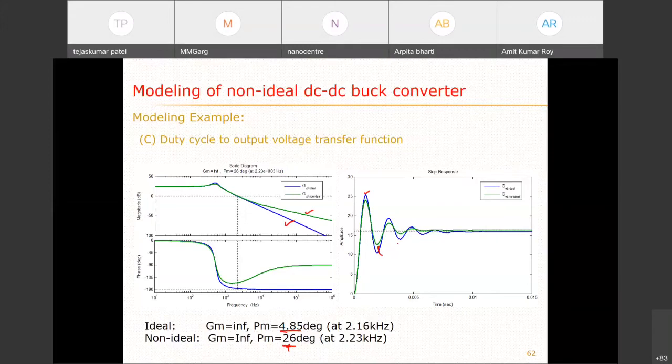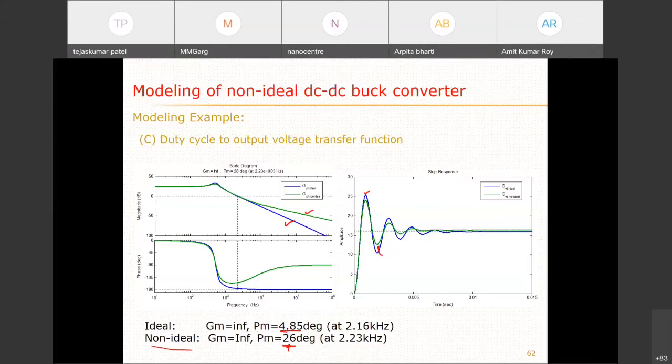We see here that in the non-ideal case, phase margin is more, so the overshoot is less. And why is it less? Because due to these non-ideal elements, damping is being provided. Due to this, these oscillations get damped. So less oscillations are there. Phase margin is more, but still there are oscillations.